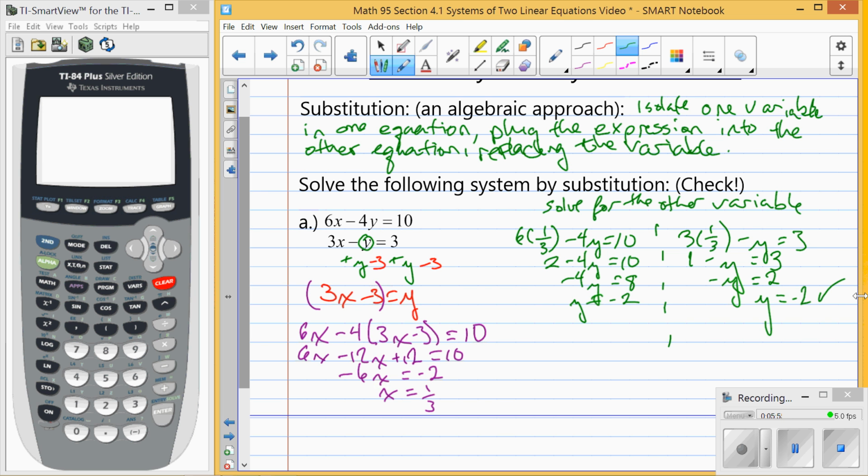So that's my check. Our ordered pair is 1/3, negative 2. This should feel familiar to you. We did do this system of equations. We solved it by elimination a few slides ago in the previous video.